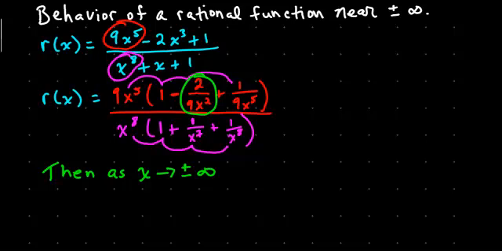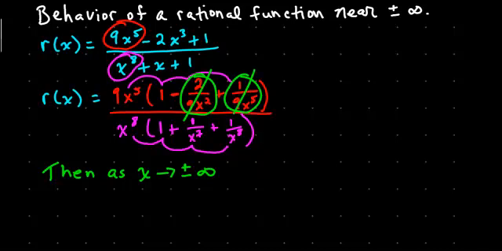What's 2 divided by 9 times a googolplex squared? Well, that's going to be 0. That thing's going to get as close to 0 as we wish as we make x bigger. Same thing here. That term is going to go to 0, so it's gone.